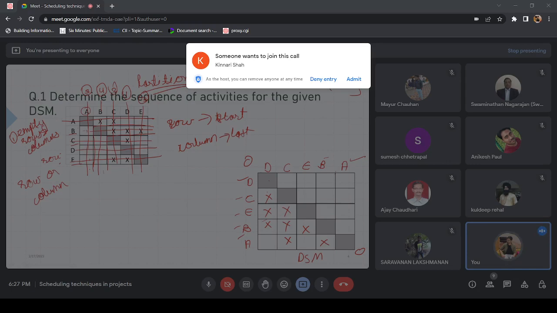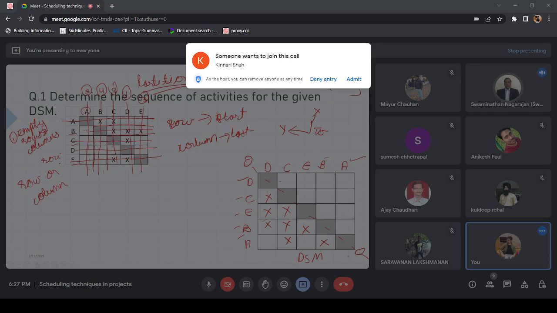So what you see in this case is, when your logic is that X gives information to Y, and you are getting a lower diagonal matrix, you see that upper diagonal is empty.